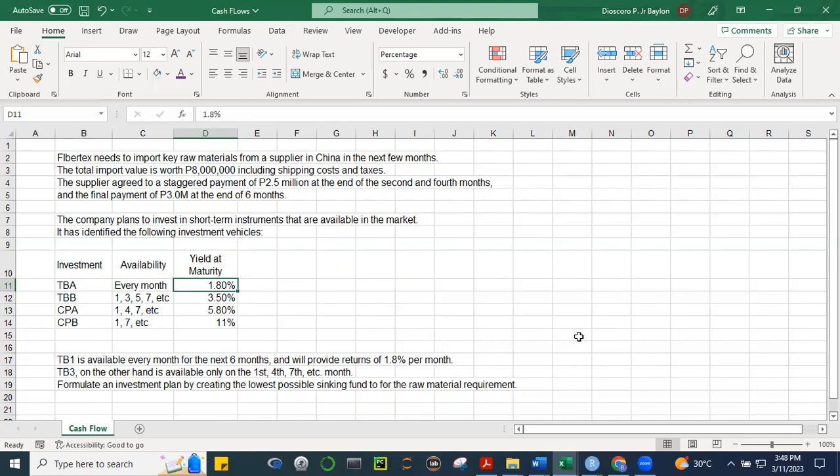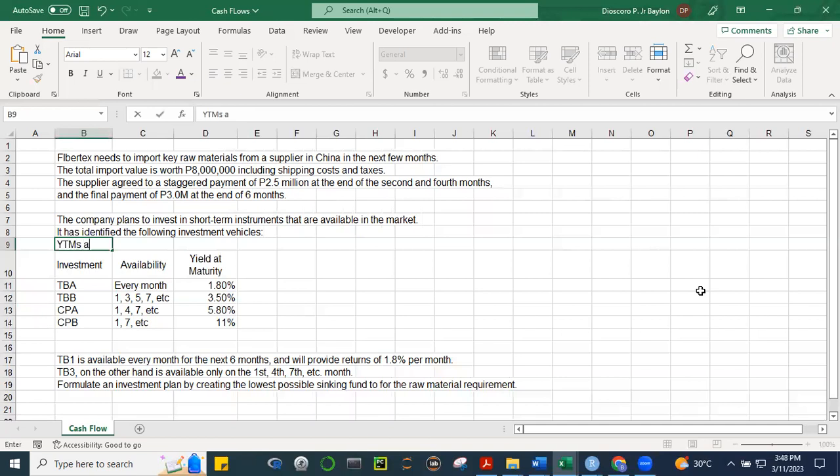I think I failed to mention here, YTMs or yield to maturities are rated monthly. So let's just put that. Yield to maturities are rated monthly: 1.8 per month, 3.5, 5.8, and 11.7.